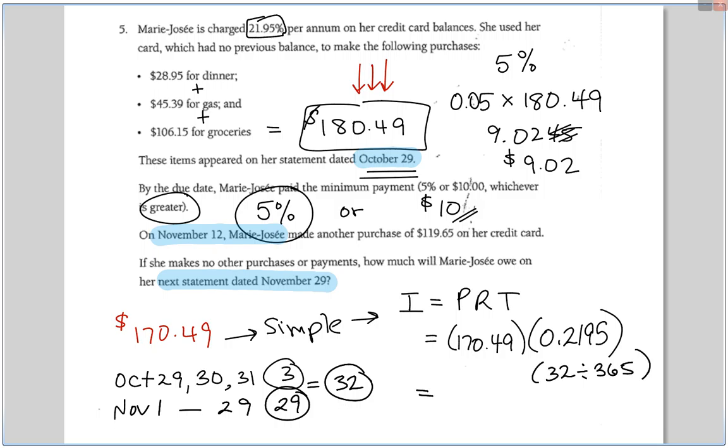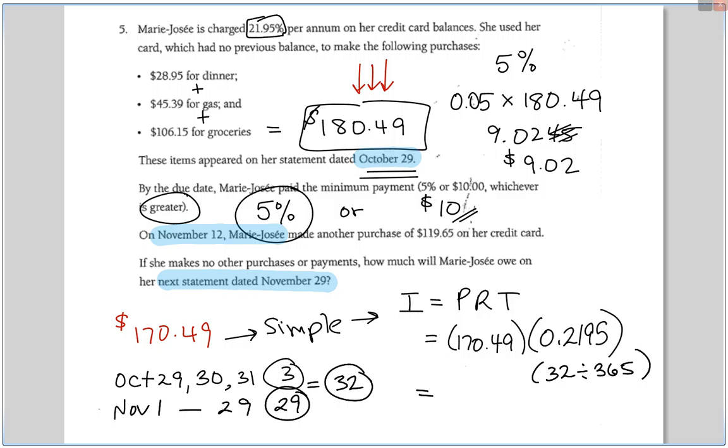And I apologize for not having that all on one line, but it's 170.49 times 0.2195 times 32 divided by 365. And it's only a meager... I screwed up.